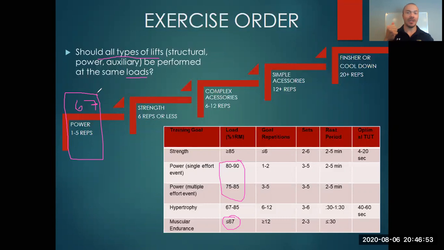Maybe we get some extra technique work in, so it's not necessarily bad or a waste of time, but you're not typically or automatically going to get power development just because you're doing a typical power movement and sending your weight down to 67%. You're getting the risk that athletes are maybe just phoning in the reps and just getting the job done because it's kind of like a light day, and maybe they're not putting in the same intent that they would if the weight was heavier and they were barely completing the reps.